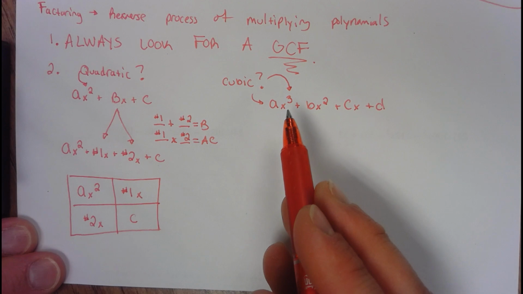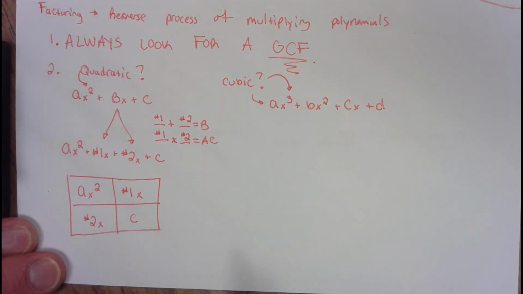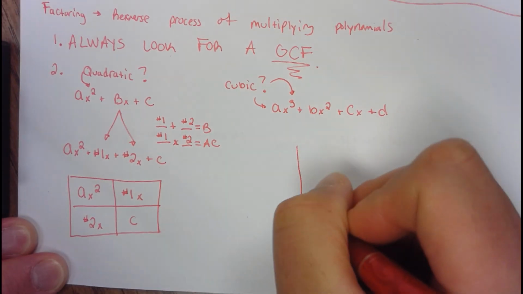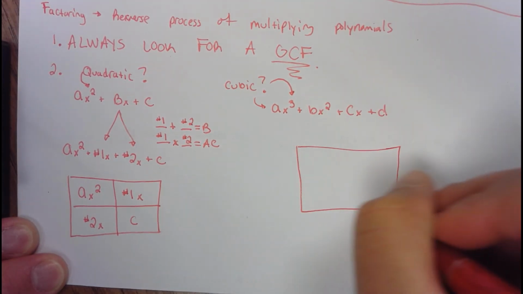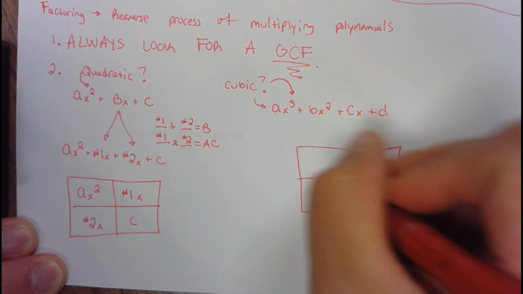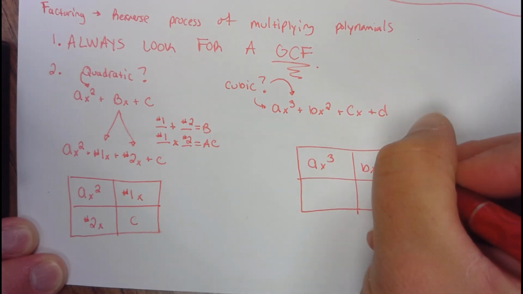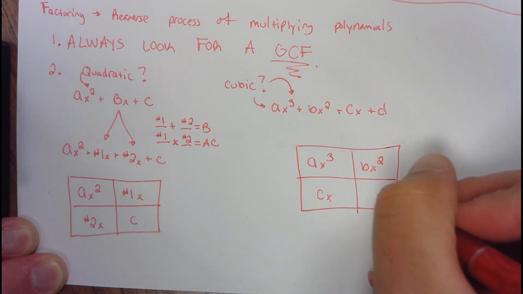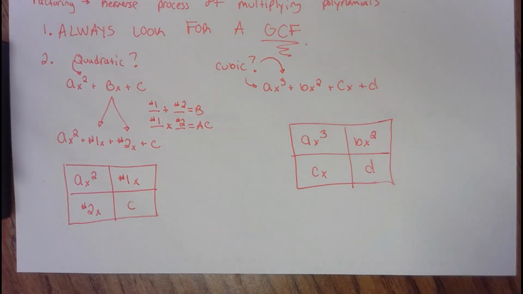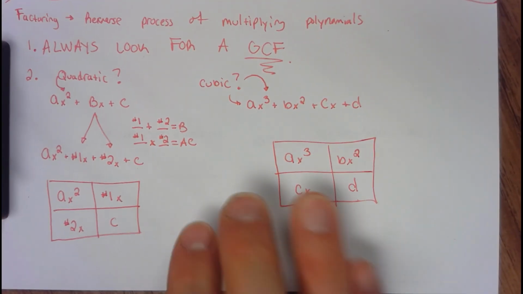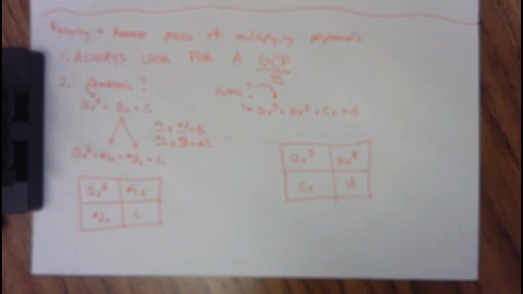When it's cubic, now I have 1, 2, 3, 4 terms. We don't need to do any extra work. This is ready to go straight into the box. And we're on our way. So ax cubed, bx squared, cx, and d. And you've got to find the outsides to be able to factor it. And then we're all done.